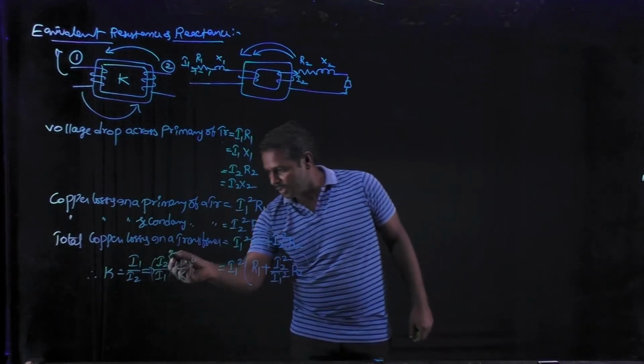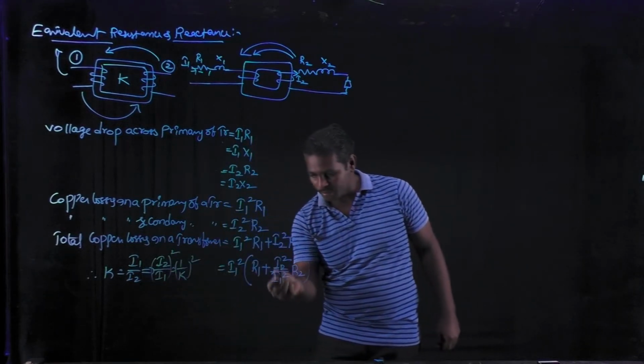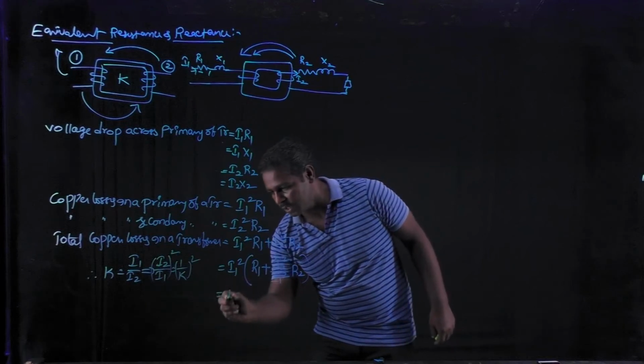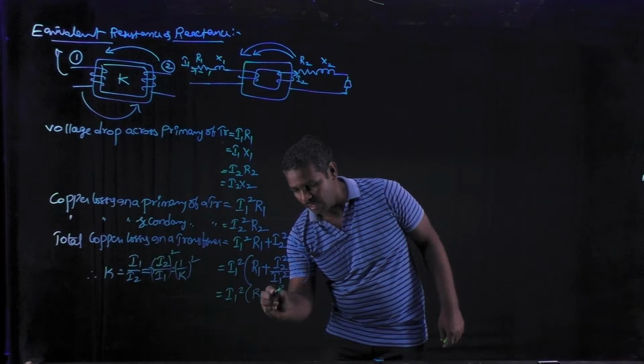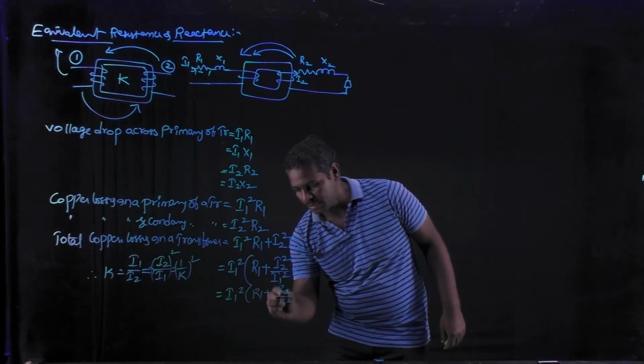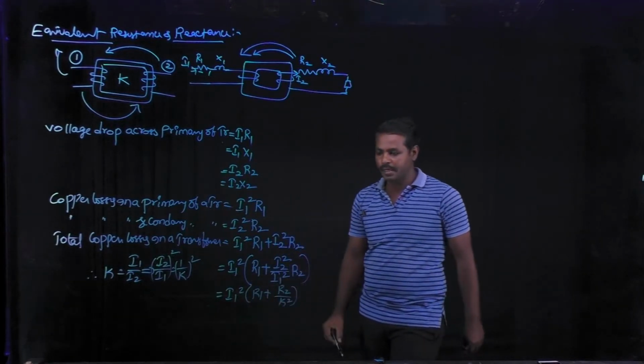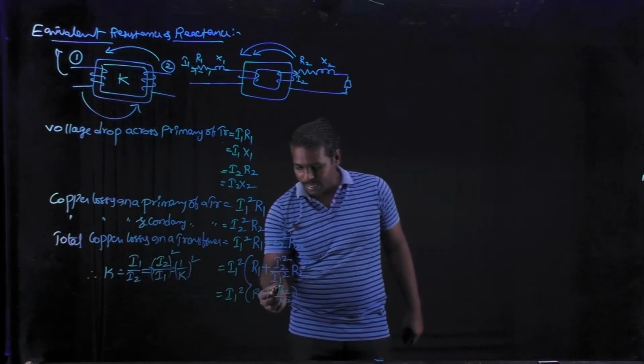So I2 square by I1 square can be replaced with 1 by K square, giving I1 square of R1 plus R2 divided by K square. So this is the expression.